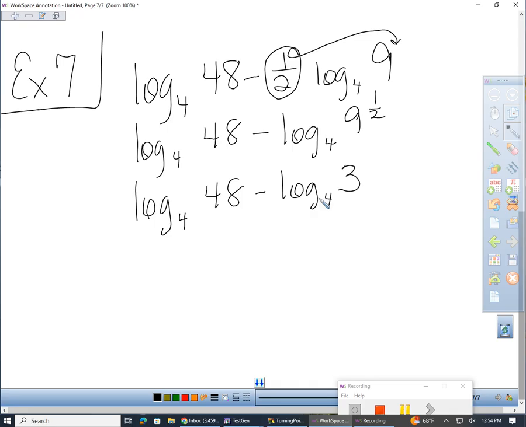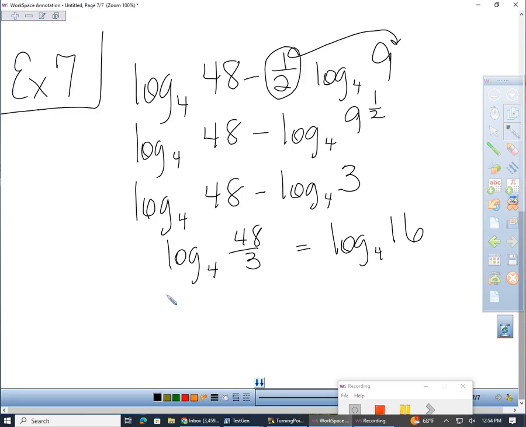Now, in the log world, when we're subtracting, we're really dividing. So we're going to have log base 4 of 48 divided by 3, which is 16. Okay? Now, how can I write 16? 4 to what power is 16?